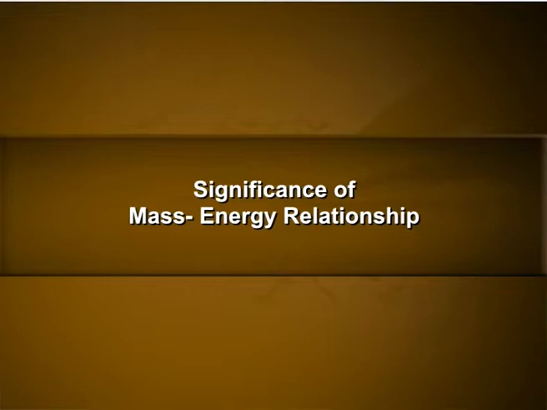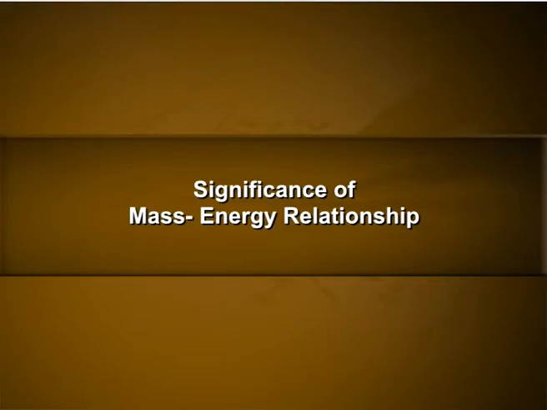In general, we can say that an amount of energy ΔE in any form is equivalent to a mass Δm = ΔE/c², and conversely any mass Δm is equivalent to an energy ΔE = Δm c². This is called the principle of equivalence of mass and energy.